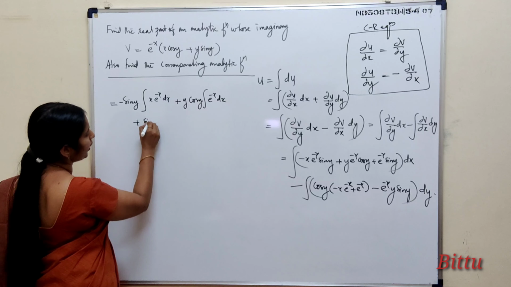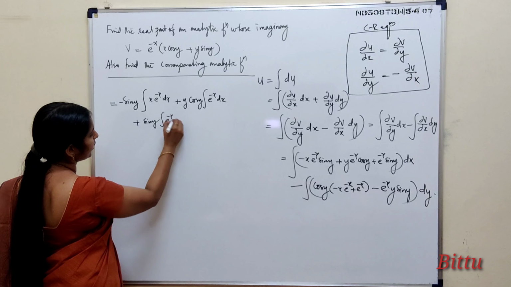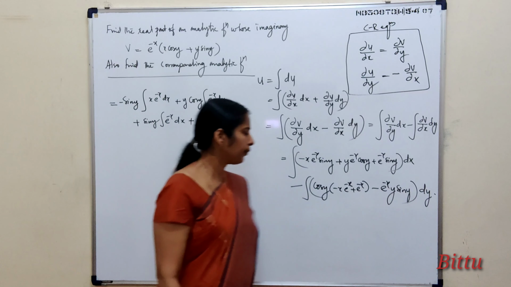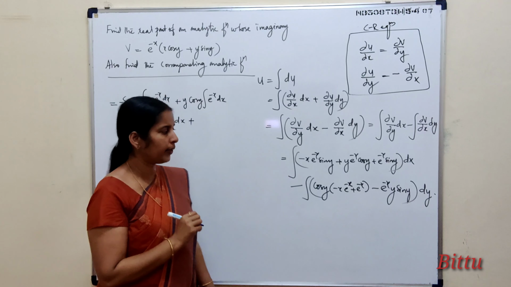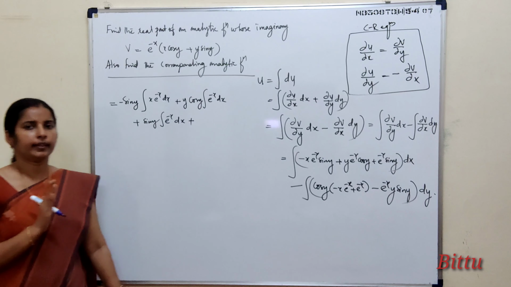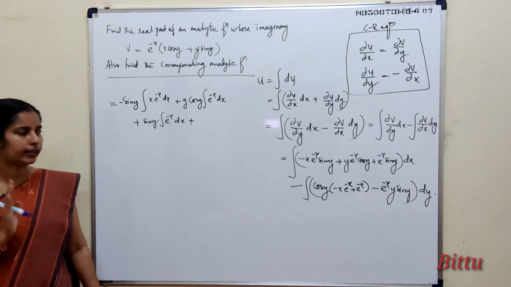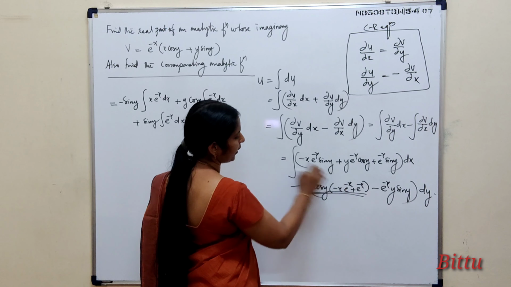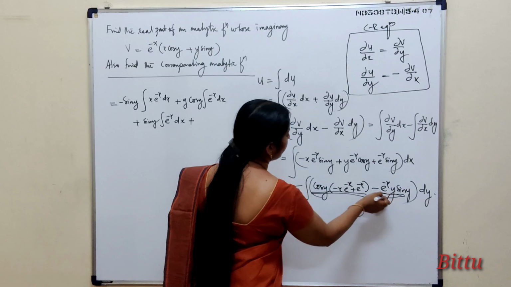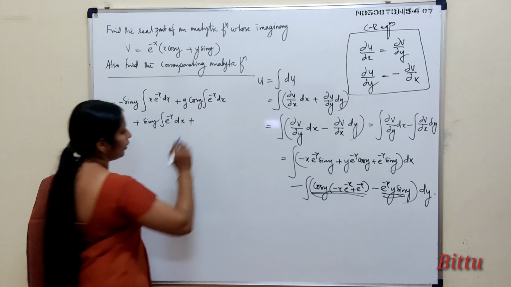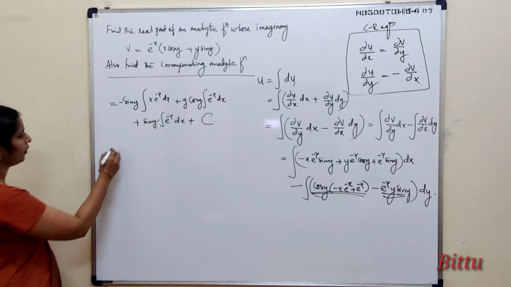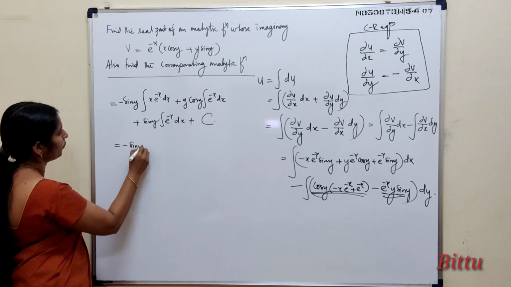Next, sin y into the integral of e^(-x) dx. While integrating with respect to y, you consider each and every term. If there is an x in the term, you can write the integral as 0. So its integral is 0 because this term contains x. After integration, there is plus c.